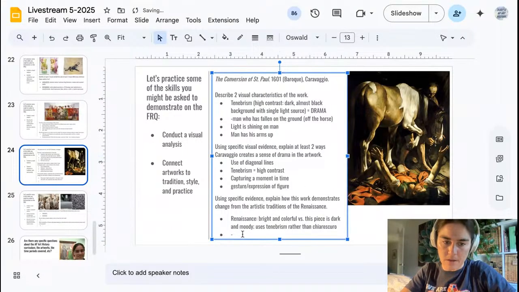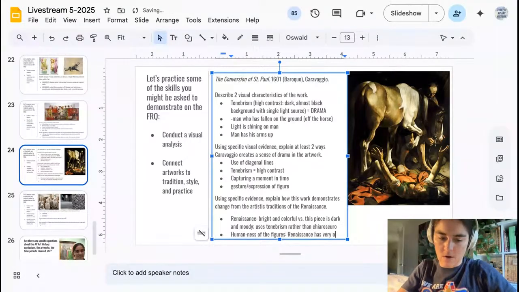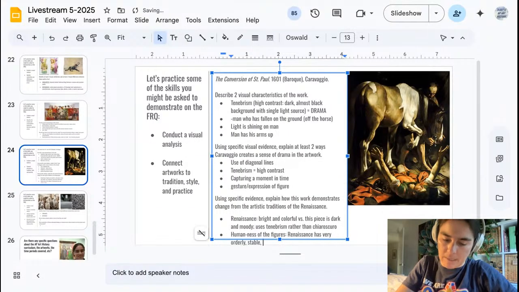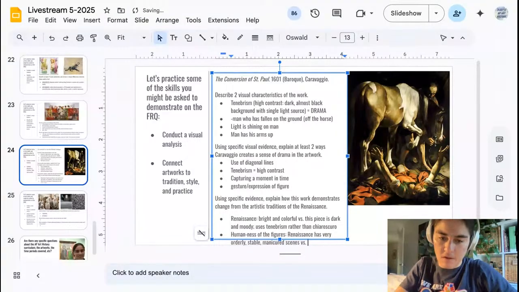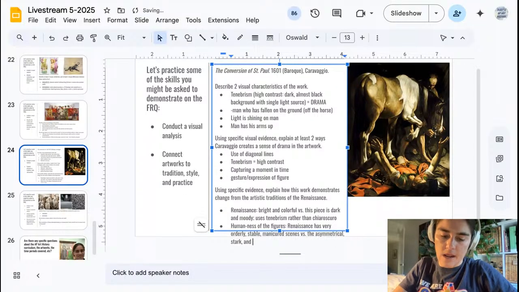And you could also talk about the humanness of the figures, right? Renaissance has very orderly, stable, almost manicured scenes versus the asymmetrical, stark, and human depiction of figures here.